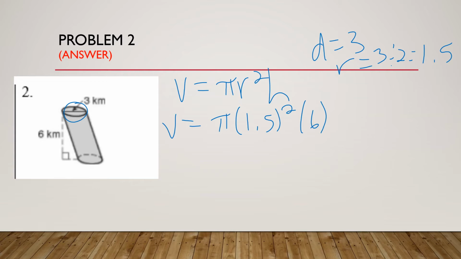And then we can go ahead and work it out. It does say to give our answer rounded to the nearest tenth. So we're going to substitute in 3.14 for pi.